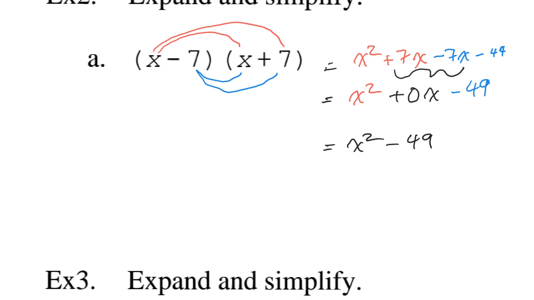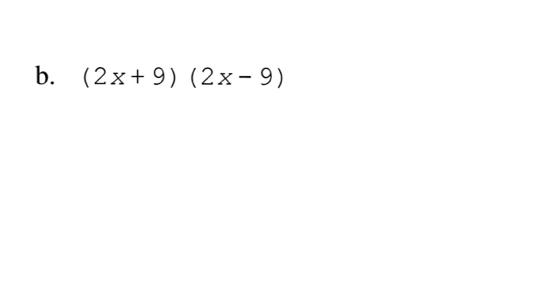So if the only difference between the first bracket and the second bracket is a minus sign, you're always going to get x squared minus the last number squared. So now we're going to do this again. We're going to look at two things that have the same numbers, but a minus sign in between them. So let's go and see what happens.